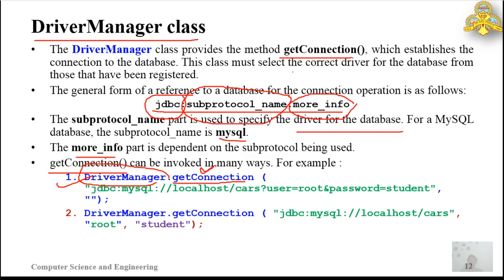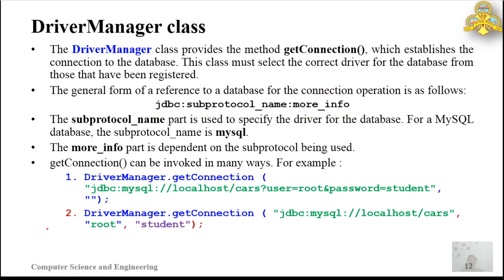We have to invoke this method through the class name only. The first argument is a URL, that is jdbc, the sub-protocol name, the host name for MySQL, the name of the database, and the username and password. All these are given as one string, and the more info part here is empty.